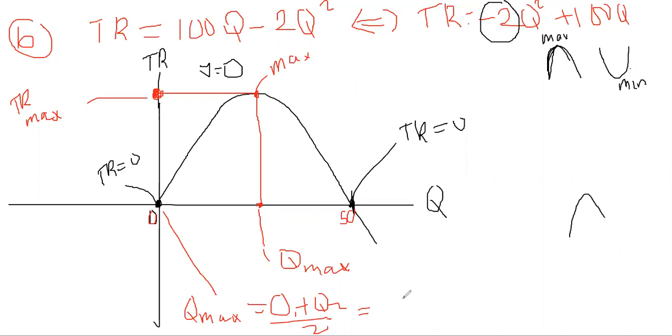So we have 0, this 0 is this one, then plus this one, the 50. What we are finding is the average of this distance from here to here. So you add this and divide it by 2, then you will have 25.